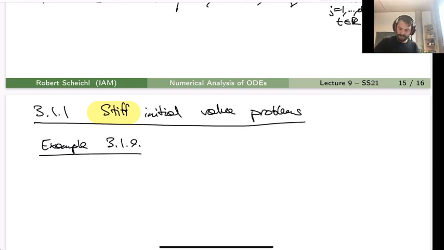So example 3.1.9. Now we need to go to, we can't just study a single scalar valued initial value problem. We need to look at least at two, and here we're going to look at a three-dimensional problem.